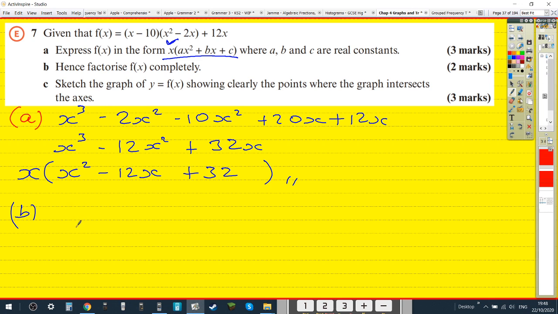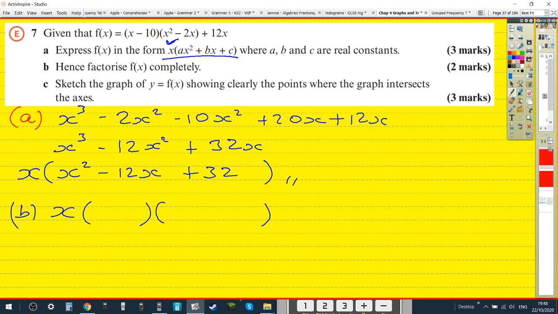So would there be 3 brackets? I believe that the x is one thing, and then this one will become 2 because this is quadratic. So would it just be x minus 12x and x plus 32? Or would that be wrong?